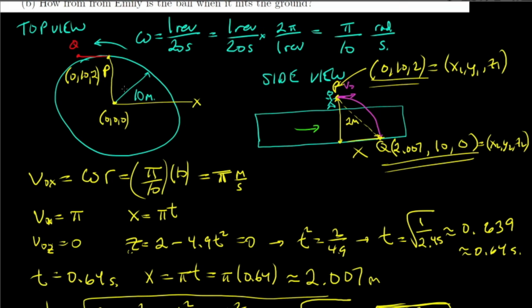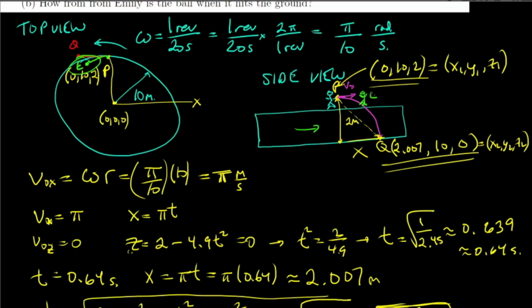Right. So here's what happened. In that amount of time, Emily presumably just stood there and moved a little bit this way. So Emily is right about here from the top view. Well, that looks a little too close. Maybe right about here.